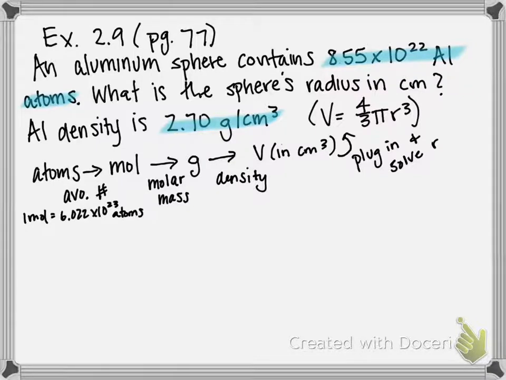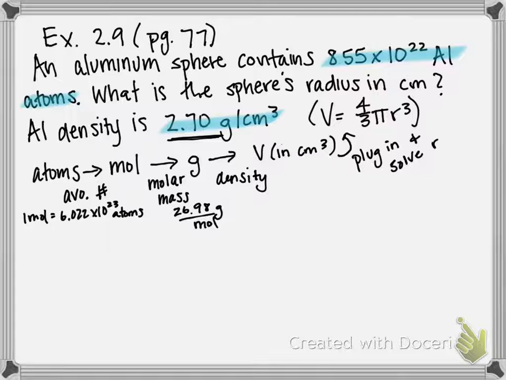The molar mass of aluminum, if you consult a periodic table, is 26.98 grams per mole. Density we're given in the problem, 2.7 grams per centimeters cubed. And then we're going to plug that in once we find volume to solve for radius.